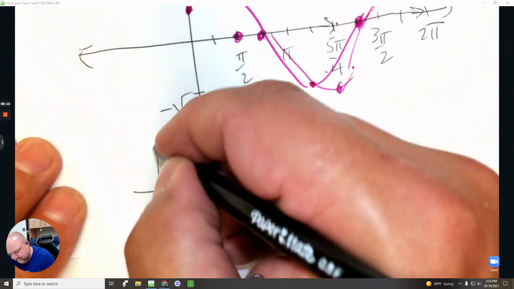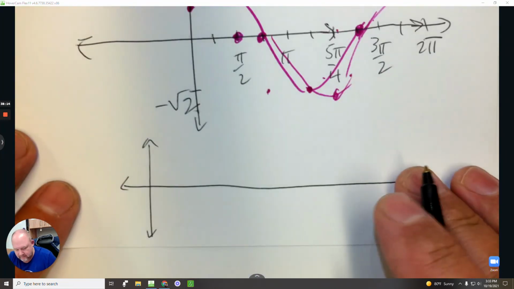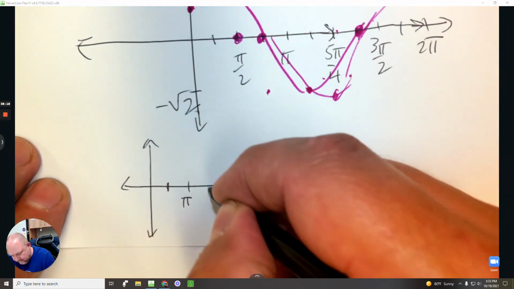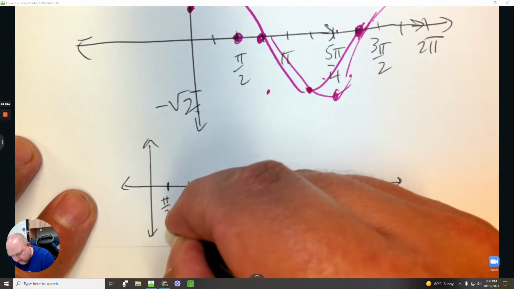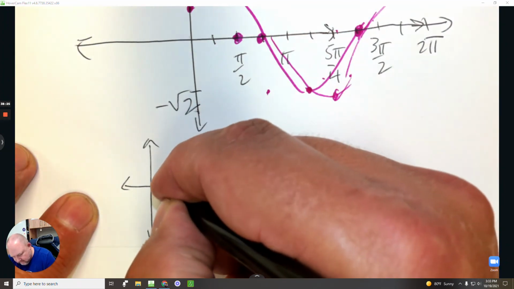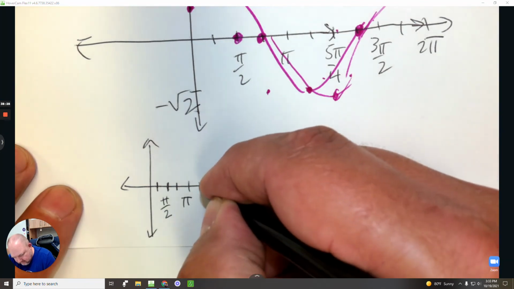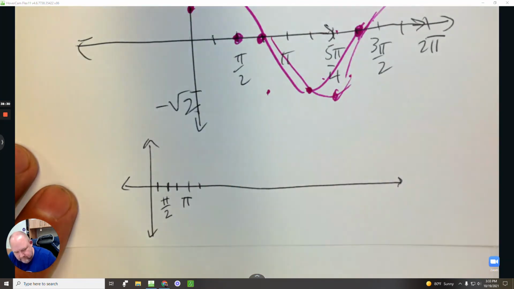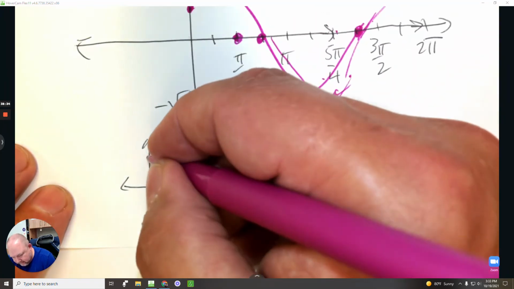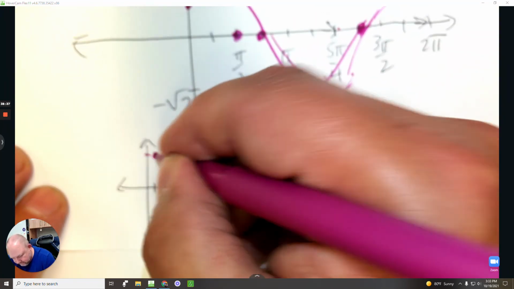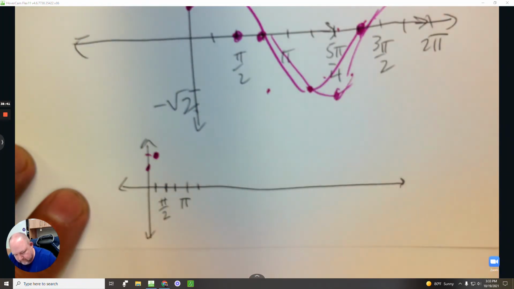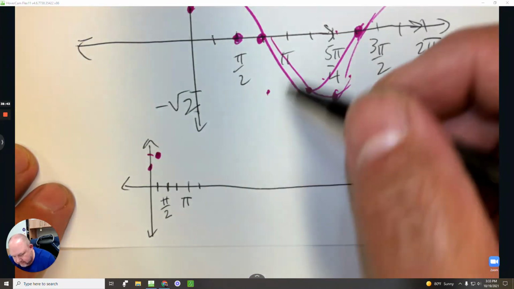I can do this. Let's do the scale better. So this is what I'm going to do. Pi over 4, pi. Sorry, pi over 2. So at pi over 4, we have a maximum at root 2. At pi over 2, there's nothing.